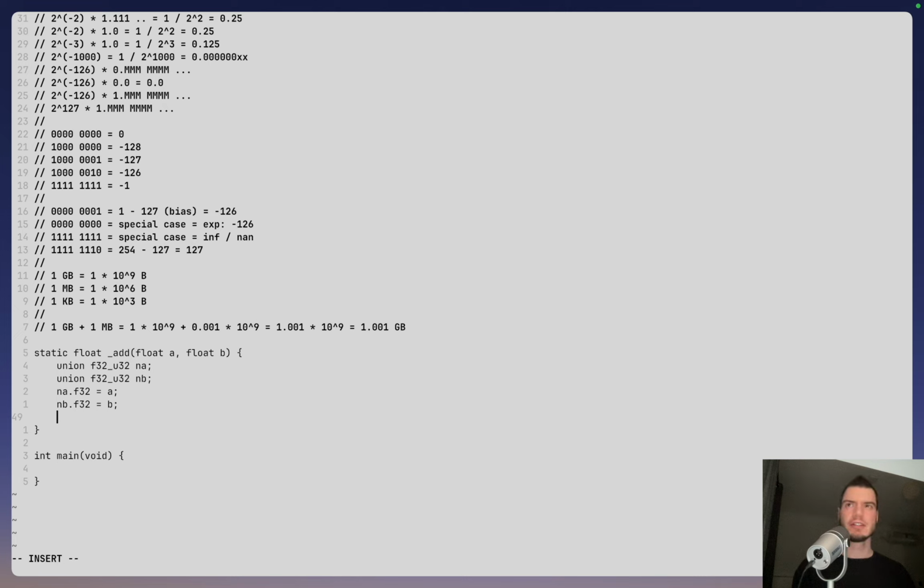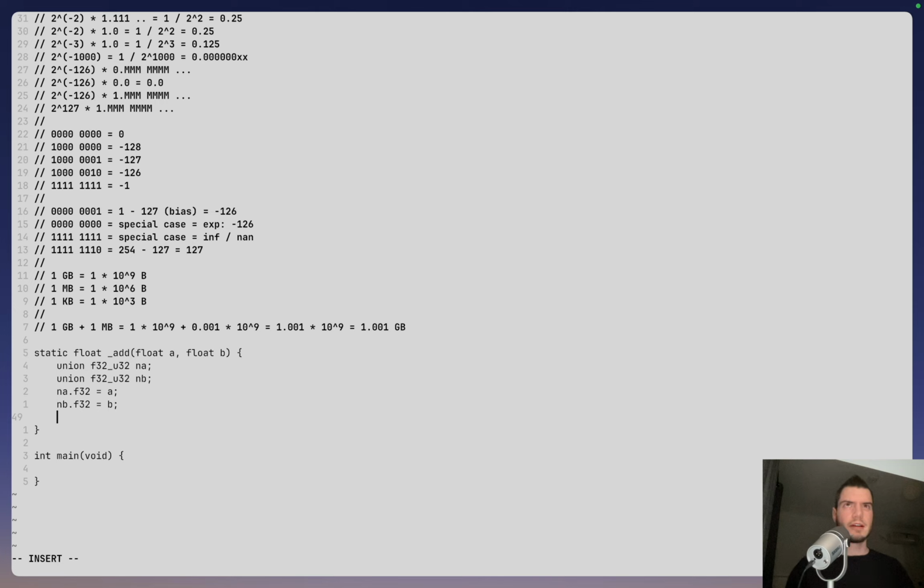If we shift our mantissa to the left, that means that we will need a very large number of bits to be able to represent the resulting shifted mantissa value. So for example, the difference between two exponents could be quite great. Like we have a possible range of exponents from minus 126 to 127.